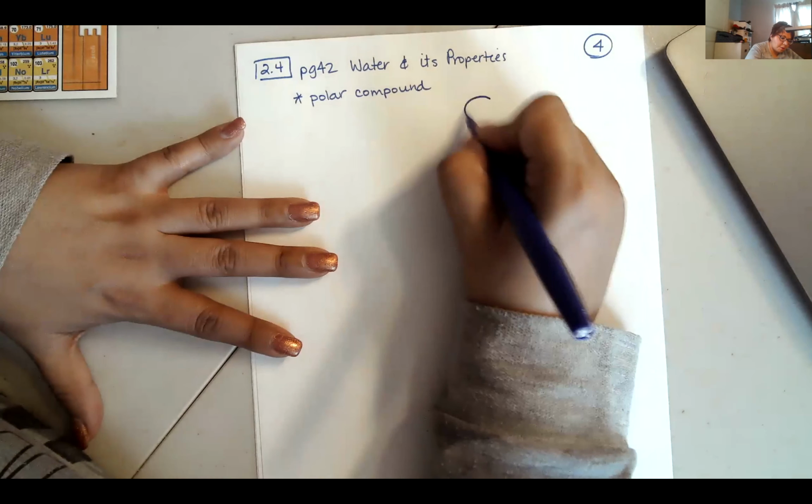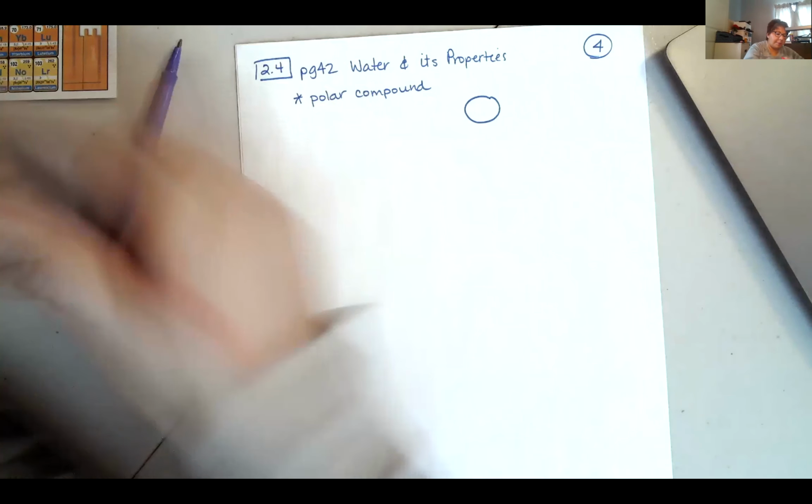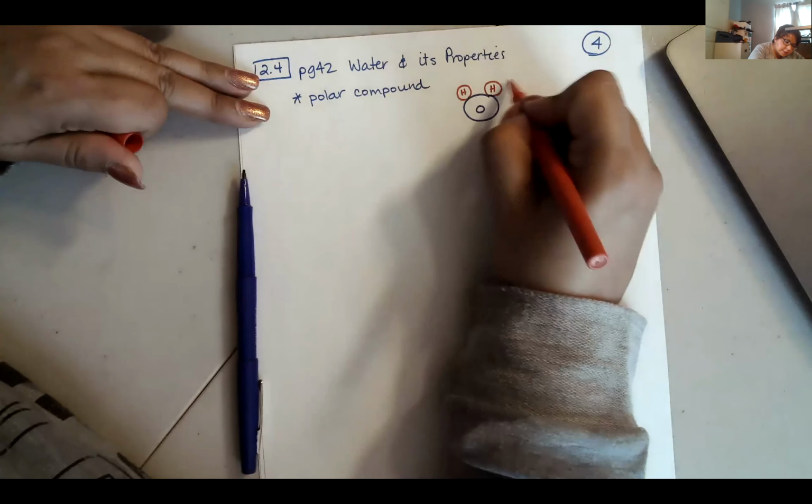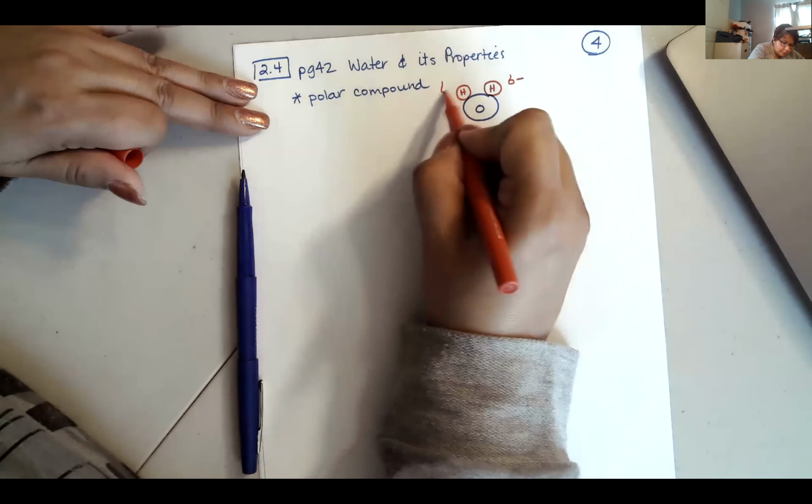So we'll draw our water molecule again, just so that we remember what it means to be polar. We'll have our hydrogens here, and our oxygen's kind of the big part. We'll label our hydrogens slightly negative, and we'll label our oxygen slightly positive.